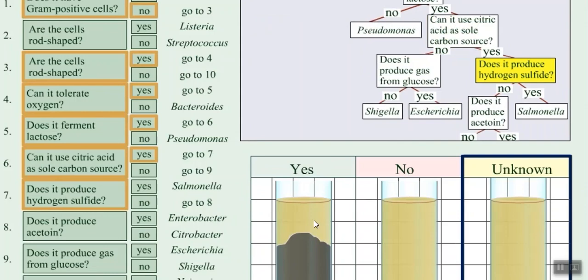This is what a positive result looks like. So our unknown does not produce hydrogen sulfide on here. Salmonella does produce hydrogen sulfide. So if the unknown was Salmonella, then it should have turned this color. So for our question, it would produce hydrogen sulfide if our unknown was Salmonella.